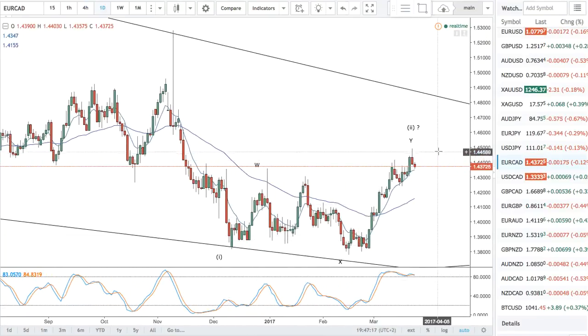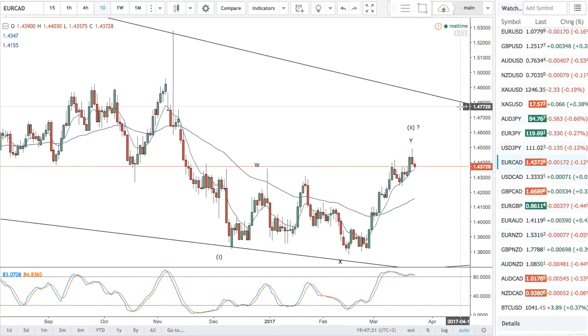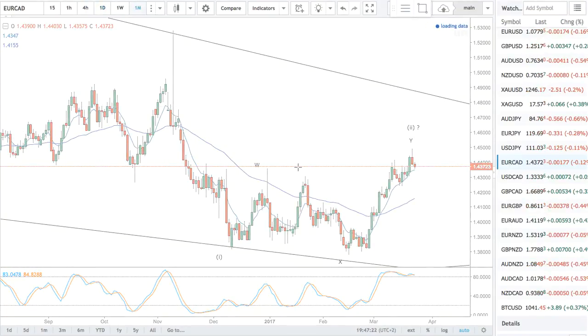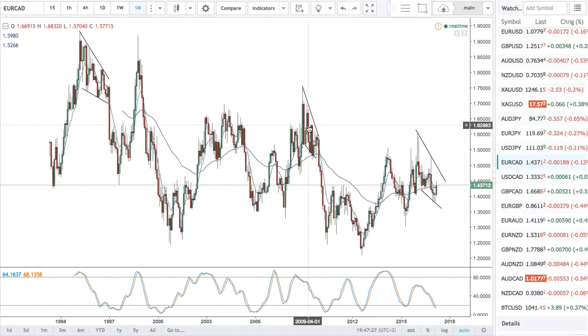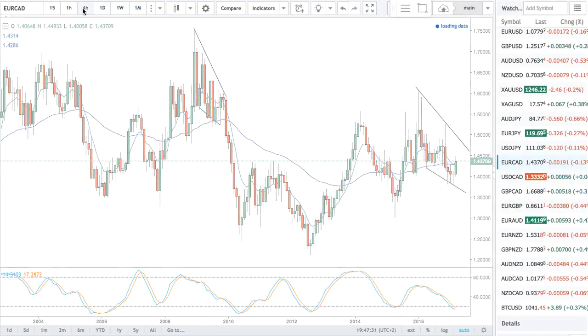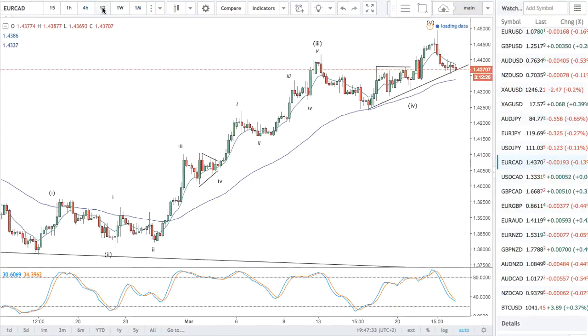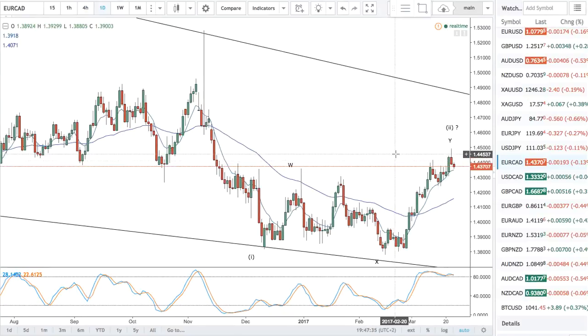Now, if it simply moves up and is negated, then I will deal with the alternate count, which is a possible, only possible leading diagonal here, which replicates the other leading diagonals of many years ago. But until this count is done, I'm dealing with this.